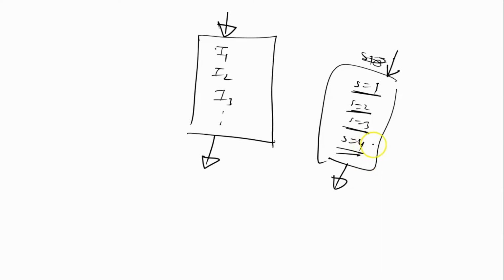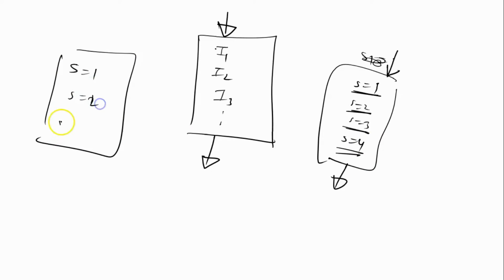So for example, this is not a basic block. Let's assume I write like this: s equal to 1, s equal to 2, if s equal to 3, then s equal to 4. Then this is not a basic block. Why?